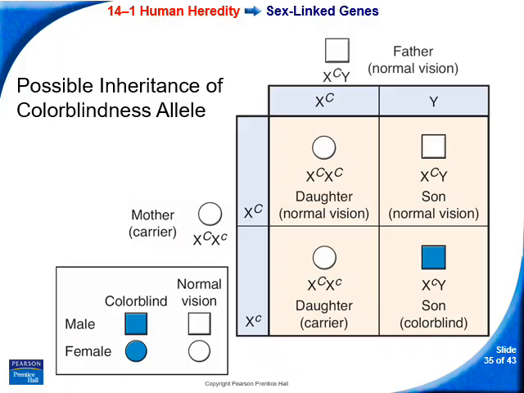They have a daughter who has normal vision but is a carrier. And then this X chromosome is going to be handed down to the son, and it's going to make the son colorblind. So if you are colorblind, gentlemen, do not blame your father just because you both have the Y chromosome. You're colorblind because your mother handed down the color blindness to you.